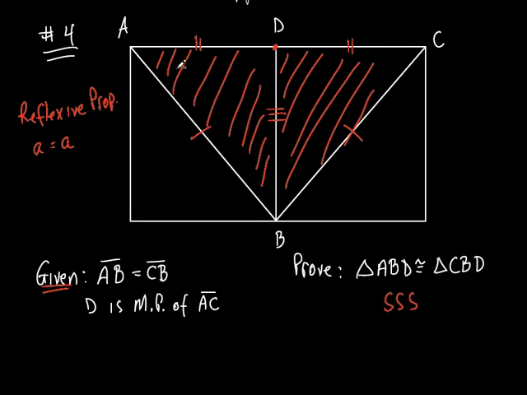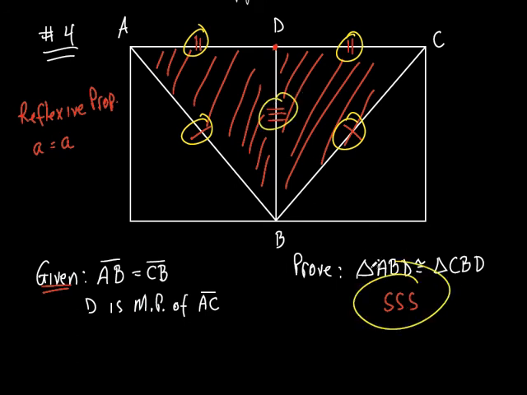So look, these are the things that I want you, and I'll circle these in yellow. I want you to show this and this. That's part of your answer. This is a second part of your answer. This is a third part of your answer. And this is a fourth part of your answer. Okay? So this is what I want if I give this to you on a quiz or a test or something. I want you to mark the stuff that's given, right? They tell you a bunch of stuff.